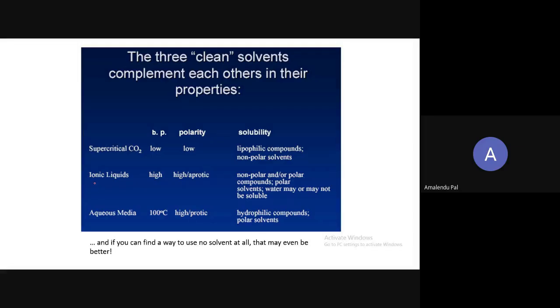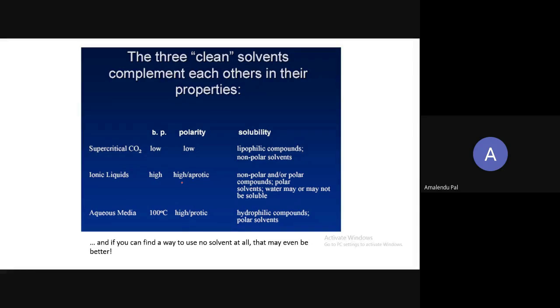Another green solvent is ionic liquid. Nowadays, ionic liquids are very significant as green solvents because their characteristics are very good. They have a high boiling point, nearly above 300 degrees, which is good also.